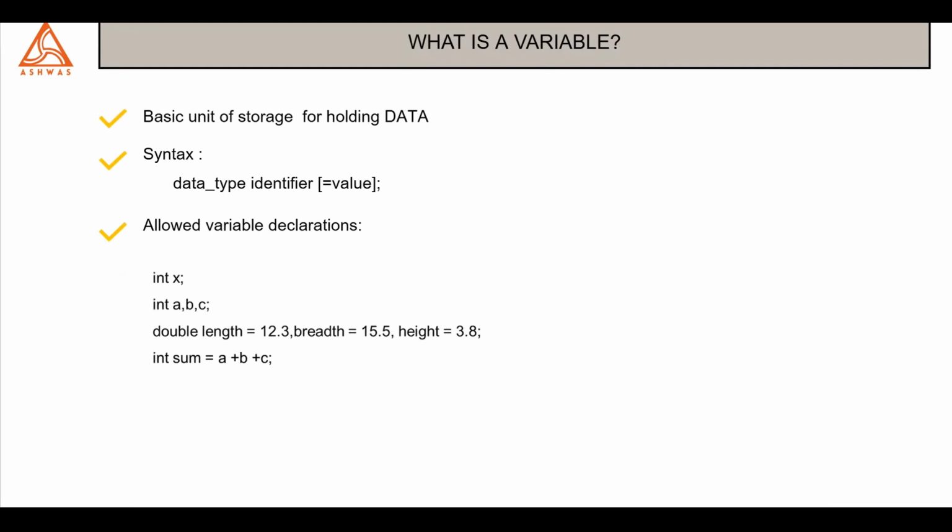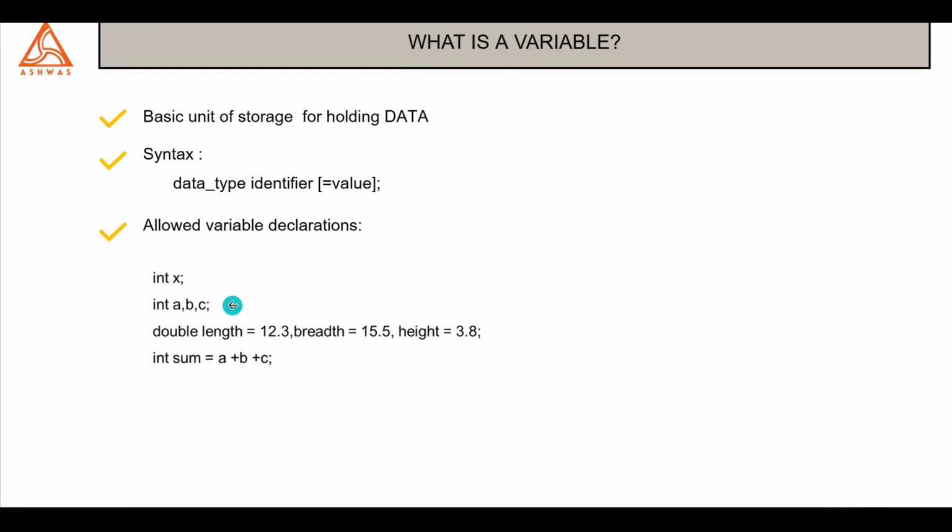These are some allowed forms of variable declarations. So here if you see in the first form, I have only given a data type and the identifier followed by a semicolon. I haven't assigned this variable x any value. In the next one, I have given three variables of the same data type and they are comma separated.